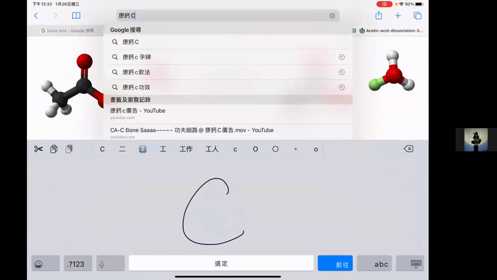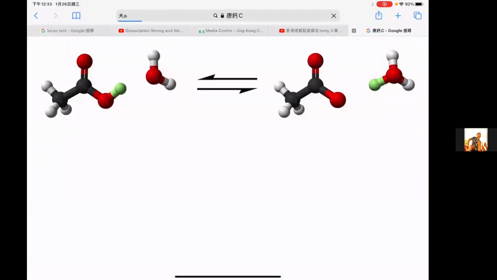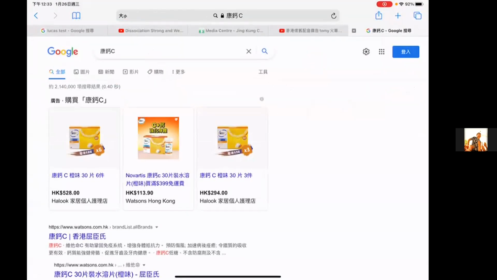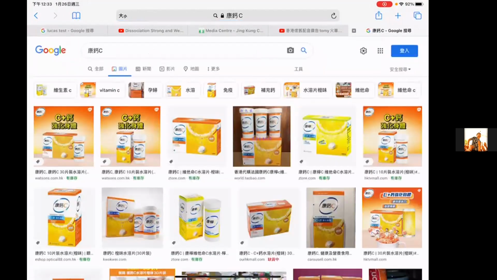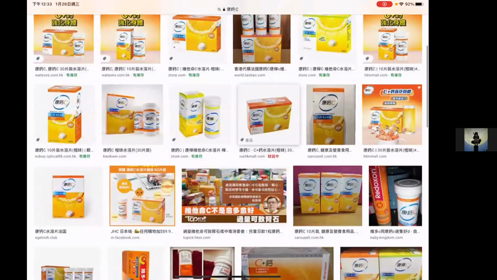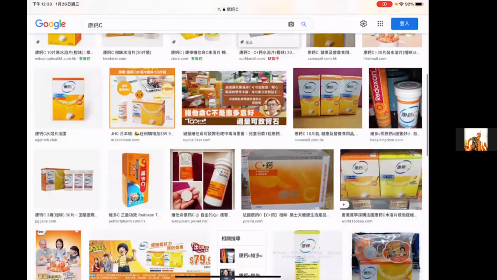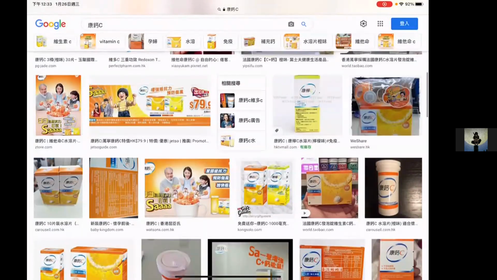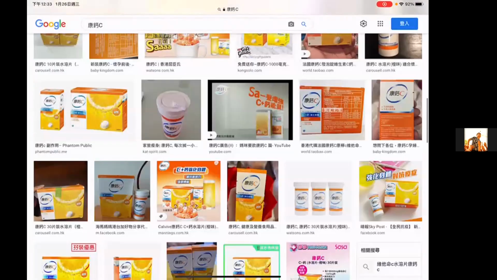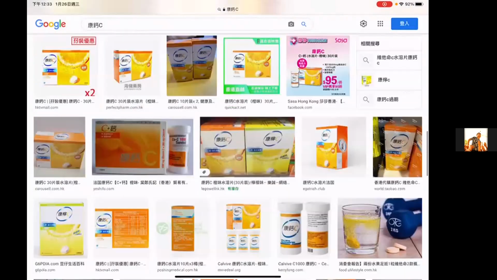What is the principle of this tablet? Tell me. You type it on the web or you find this at home.